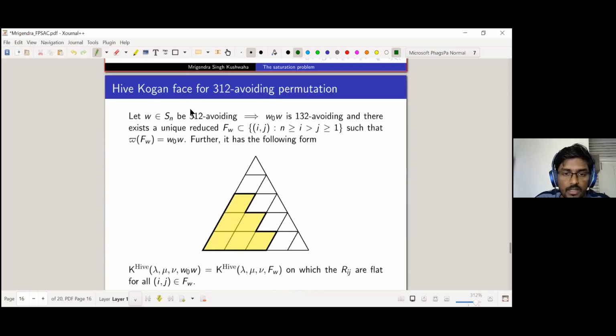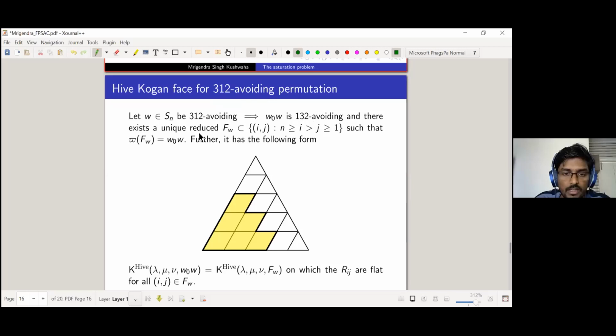So what is the Hive Kogan phase for a 3-1-2 avoiding permutation? This is a special class. Why is 3-1-2 important? Suppose W is 3-1-2 avoiding. Note that w naught W will always be a 1-3-2 avoiding permutation.